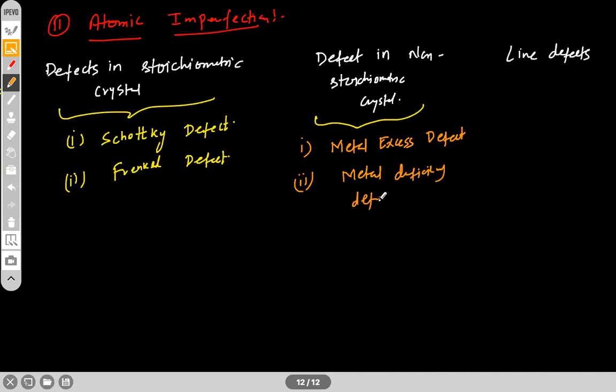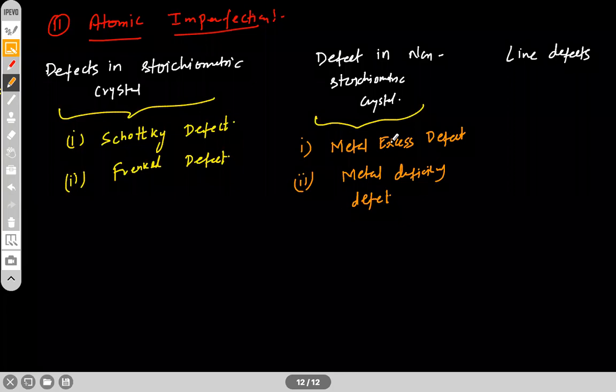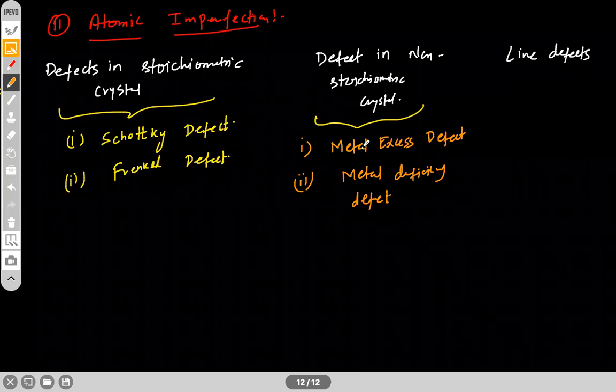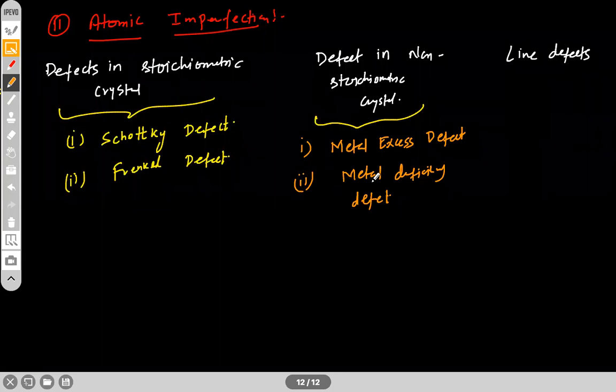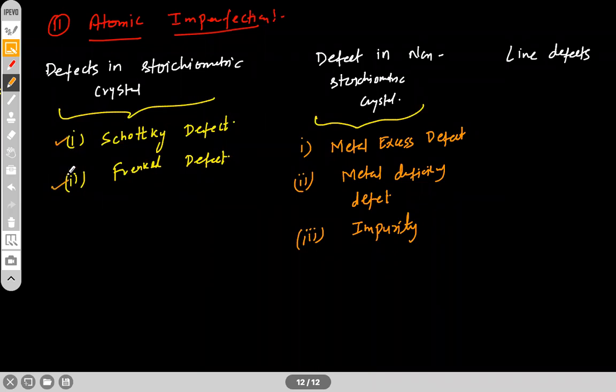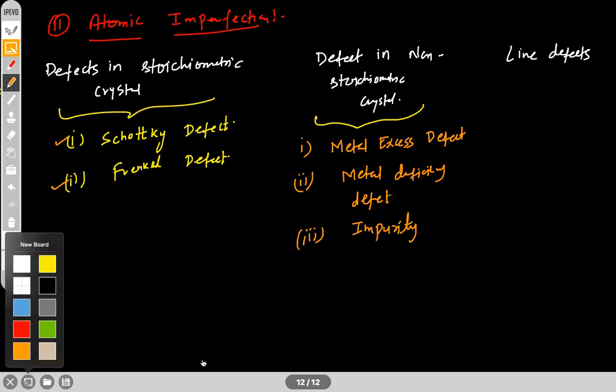As the name suggests, in the first one more metal ions are present, in the second one metal ions are fewer. And the third type we call impurity defects because of the presence of impurities. Out of all these, in stoichiometric crystal, Schottky and Frenkel are important, on which they have asked questions many times. So we'll see these 2 one by one.